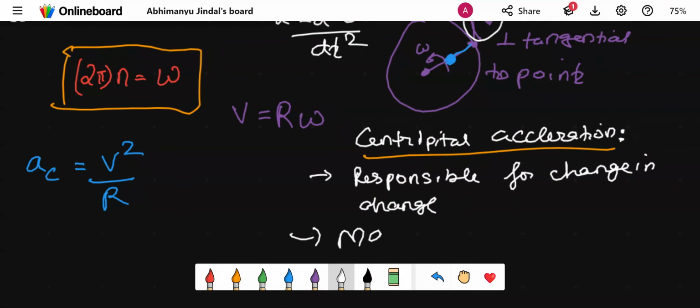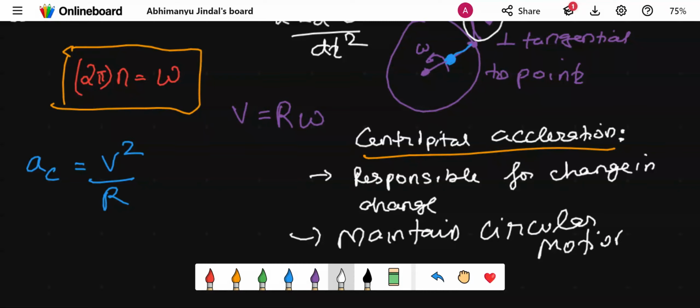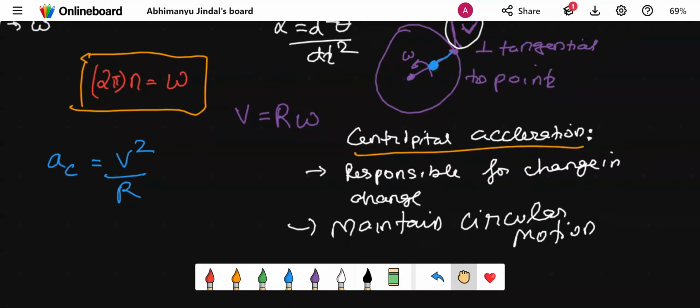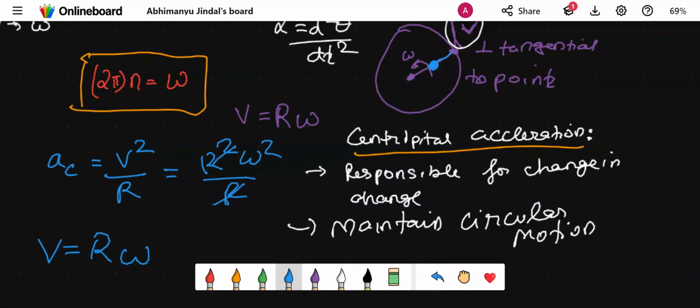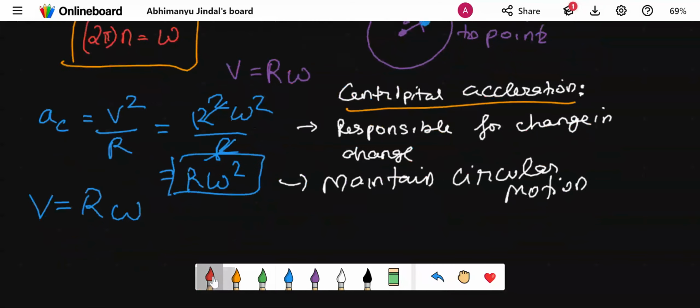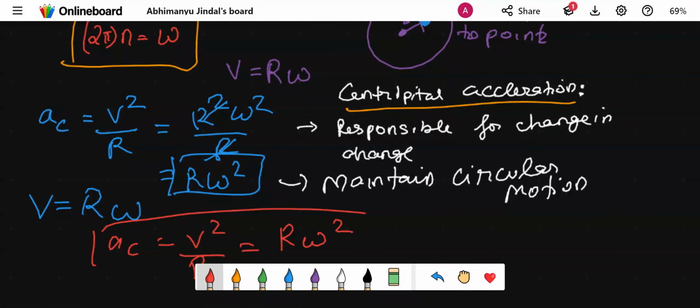Now I told you v equals r omega, so r square omega square by r gives r omega square, which is also centripetal acceleration. So centripetal acceleration equals v square by r, which also equals r omega square. Keep this in mind.